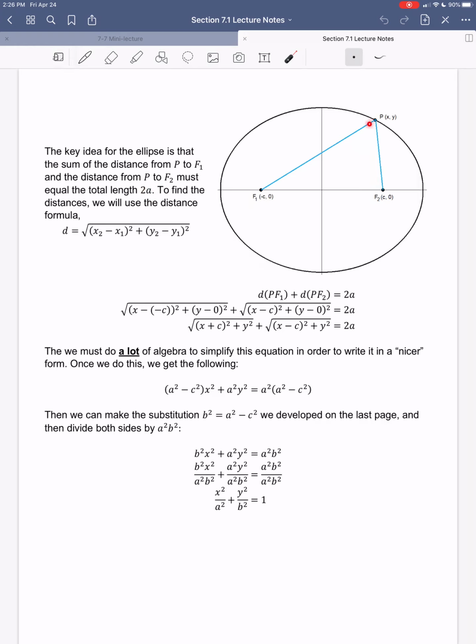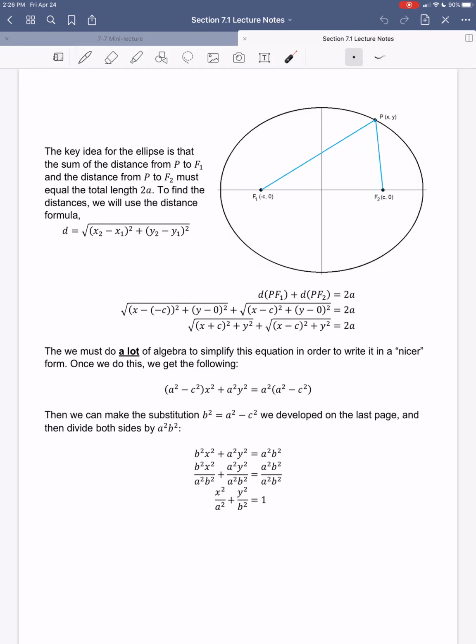To find these distances, we're going to use the distance formula we've talked about before: the square root of (x2 minus x1) squared plus (y2 minus y1) squared. We're going to apply that distance formula from P to F1 and then from P to F2. And those two distances have to add together to equal the total length 2a.